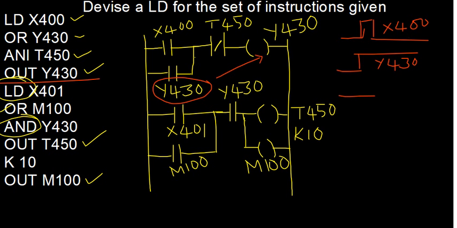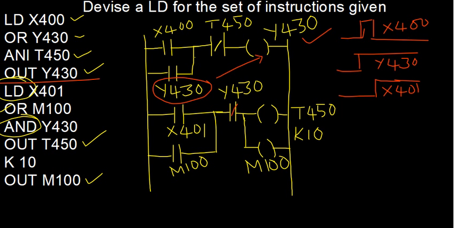This is X401. Maybe it is also momentary. Whether it is momentary or not, that is to be decided by which element is across it in parallel. So now Y430 is already closed because this output is activated. When this output is activated, this will now become a normally closed switch, because earlier it was normally open. So X401 is closed, Y430 is closed.